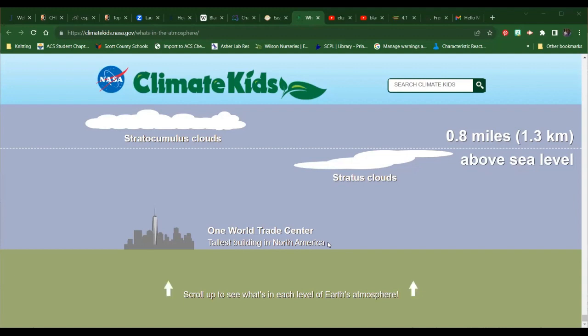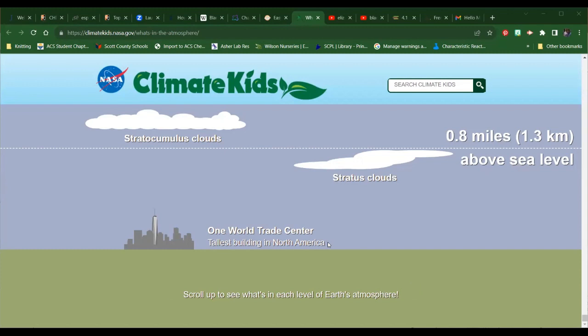We've got the jet stream, which causes weather, commercial airlines. Here we're getting into the stratosphere. And then once you get up really high, you just have to scroll and scroll and scroll and scroll to get to the next thing. So that can really give you a sense of scale. I thought that was really kind of cool.